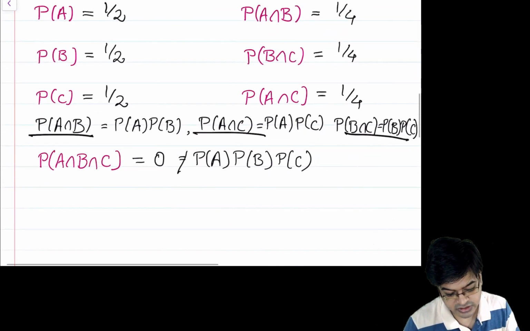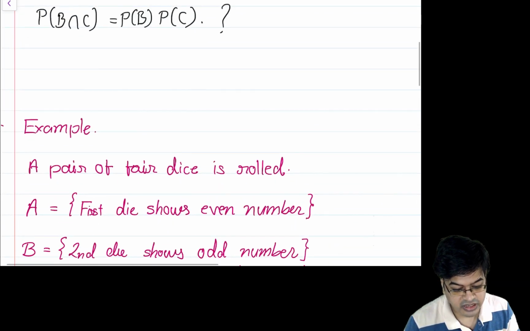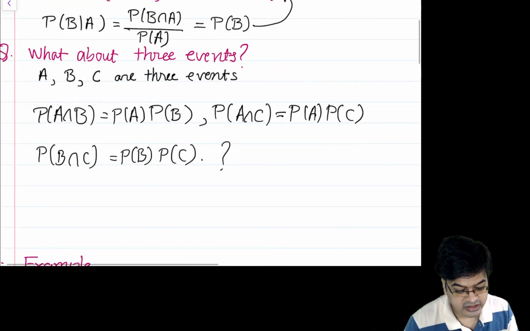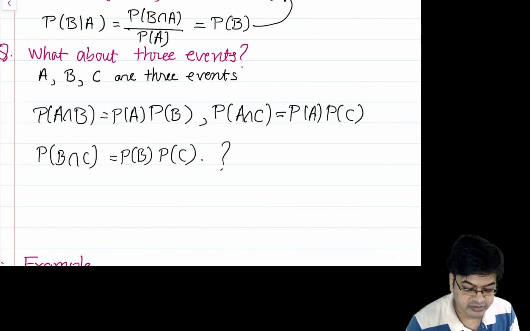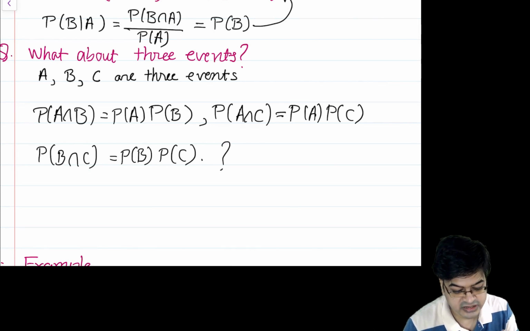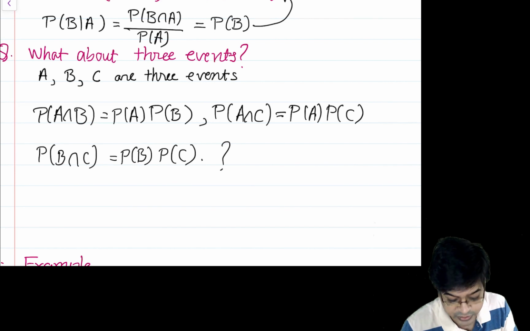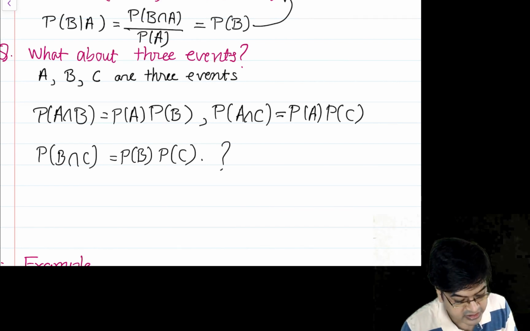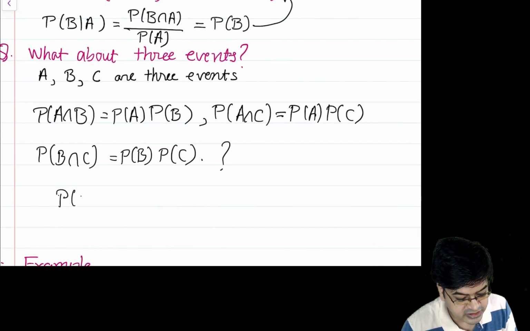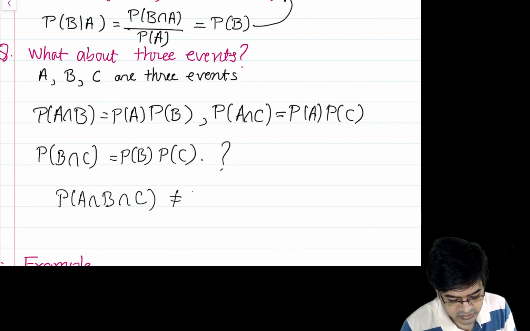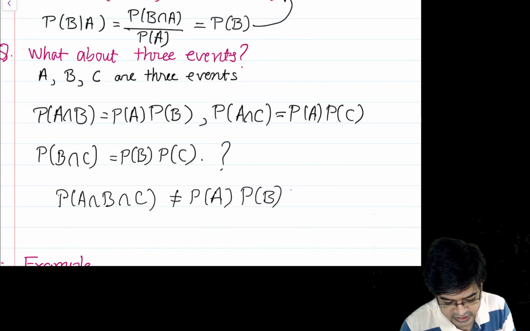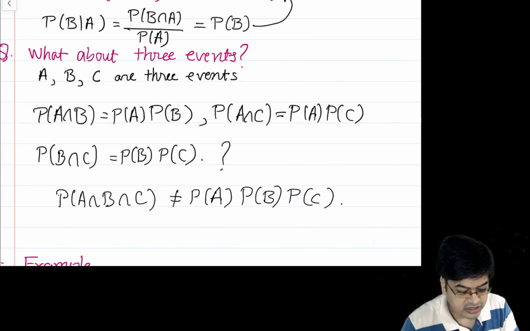So the answer to this question, are these three events independent? No. In fact, I have shown they satisfy all these conditions, but they do not satisfy this condition. So because they do not satisfy this condition, these events are not independent.